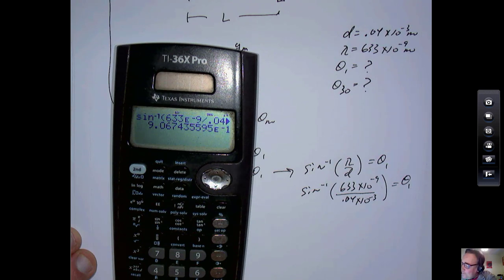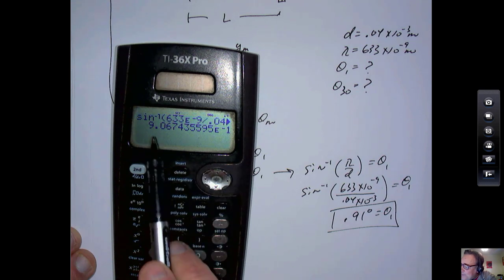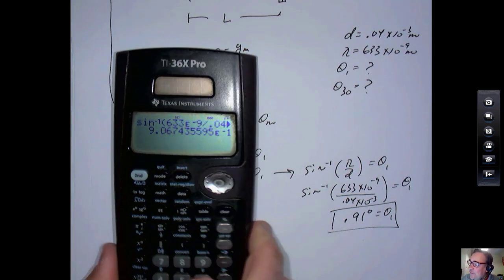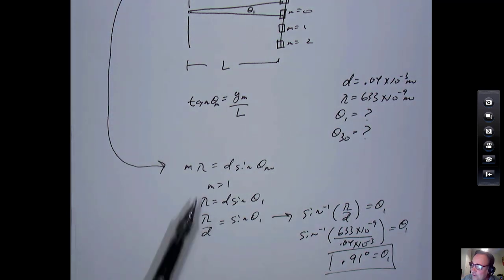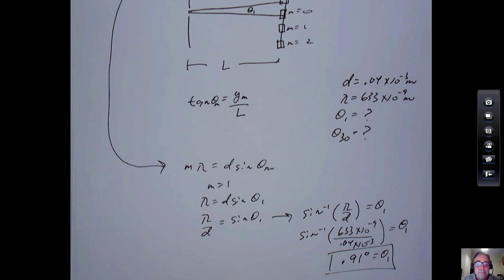So really small, but not too small, like 0.91 degrees. Okay? Oh, because you see it's 9 times 10 to the minus 1 power, so move that over if you want to do it like that. Now the only difference for the m is equal to 30 case, you would put 30 in here, okay? And then you would get theta 30.